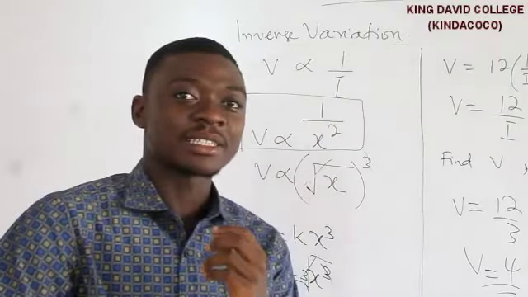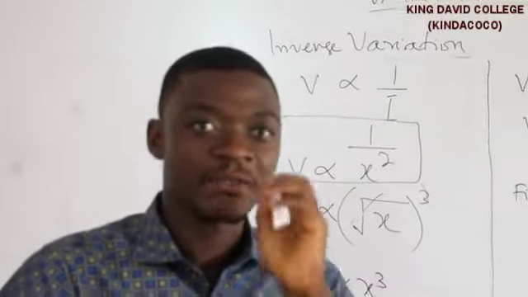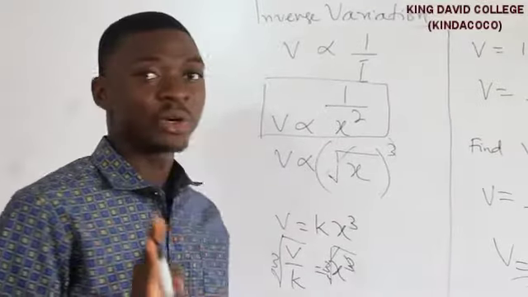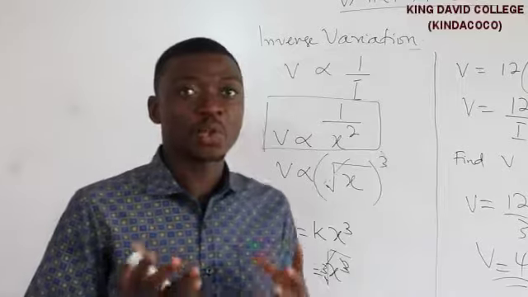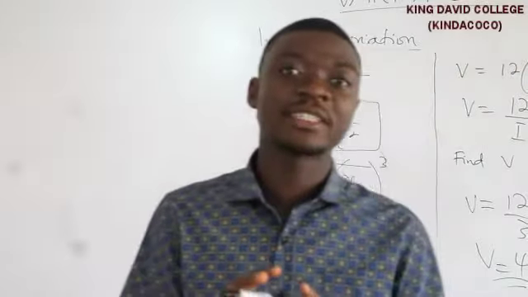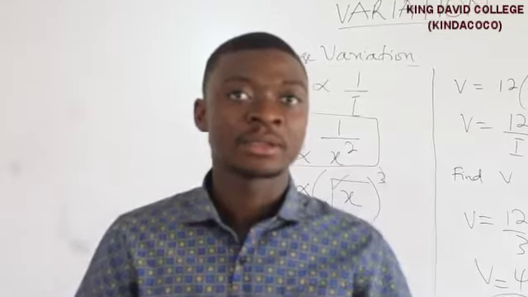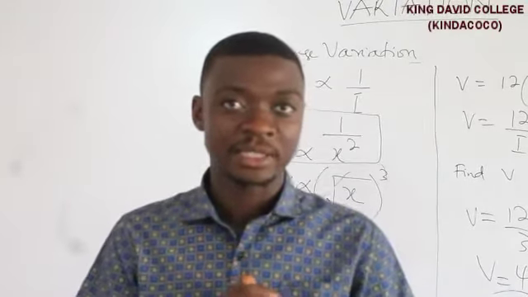So then we call it joint variation. With a joint variation, what that simply means is that we are trying to combine two different quantities to relate a specific quantity.